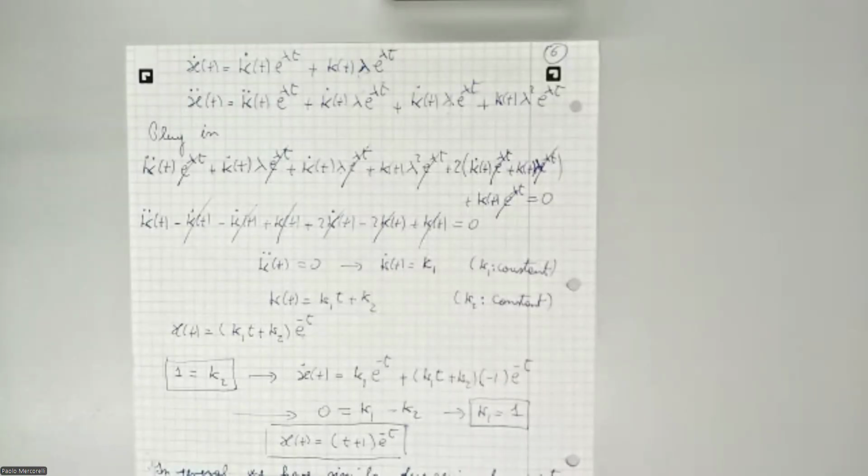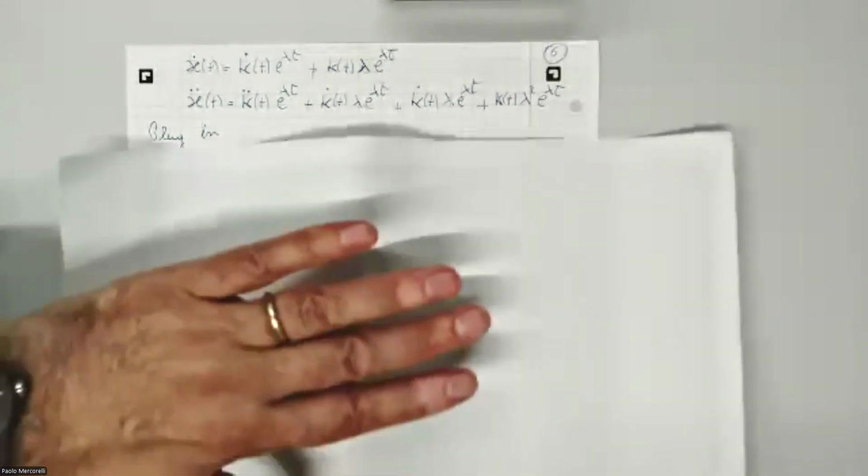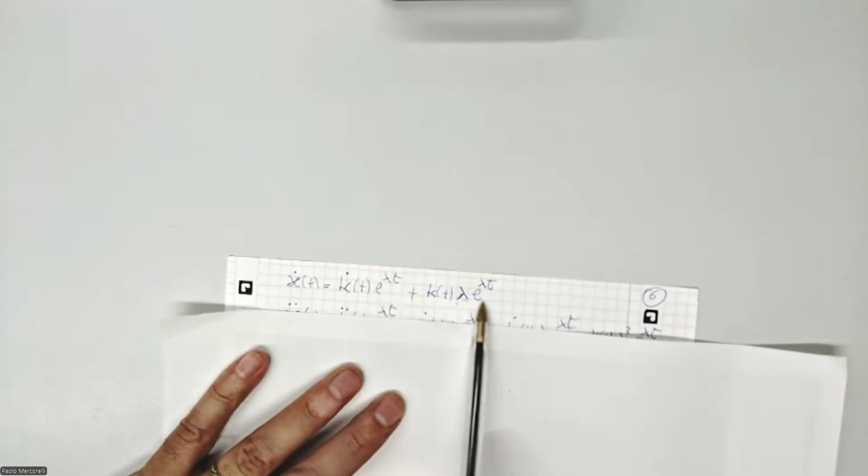Let me now take something. This means the first derivative of x, considering x of t equal k of t times the exponential function of lambda t, is this one. I don't know if this is feasible. In accordance with the rule of the derivative of a product of two functions.